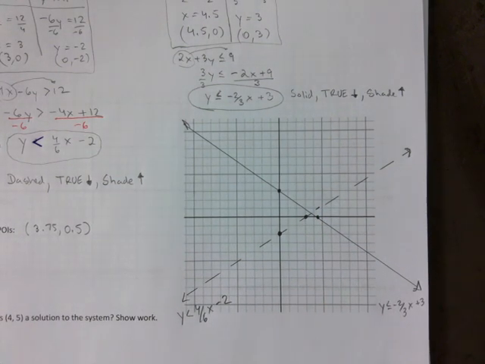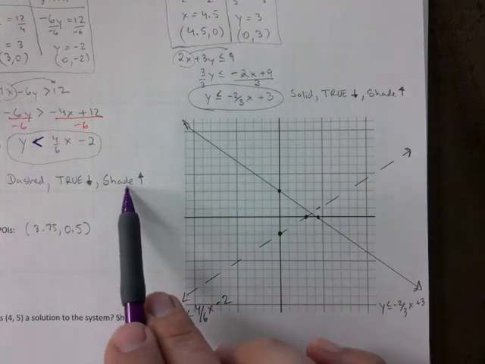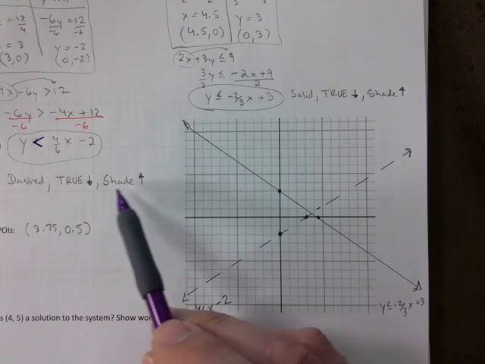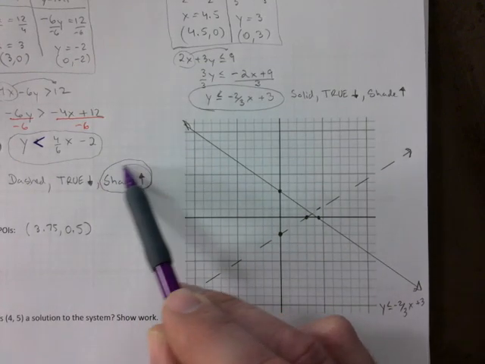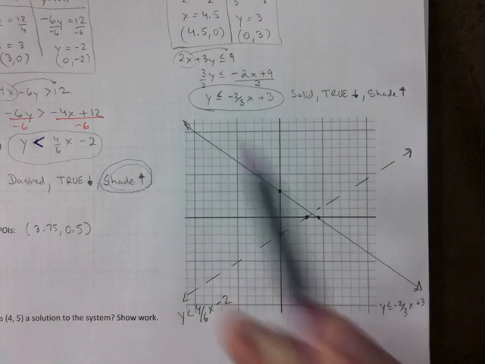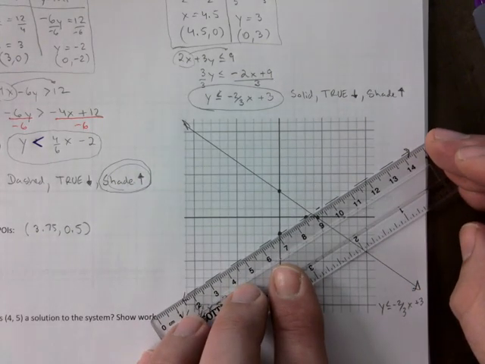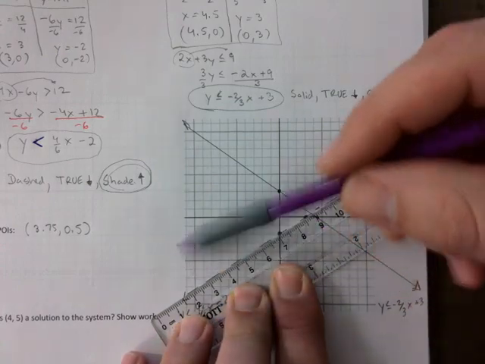So you have a ruler ready. Watch this. The first line here, the dashed one, I'm shading where? This is where you look. True is below, shading above. So you grab your ruler, line it up, and you lightly shade.